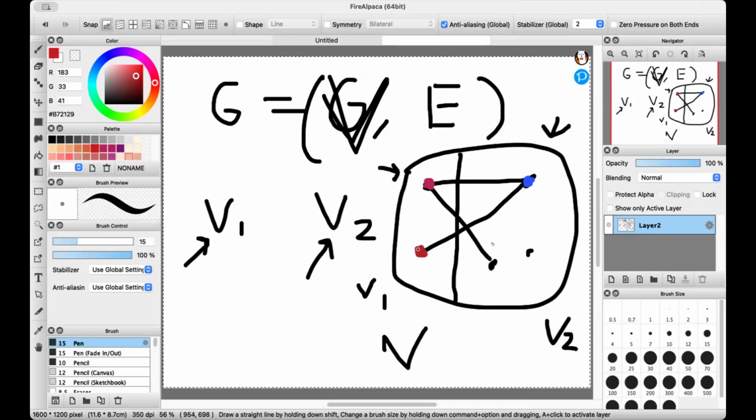And now the other thing I have to look out for is this vertex is connected to a vertex here. So since this red color is already being used on the left side, I have to use a blue color on the right side. So that's a different blue than I was using here.